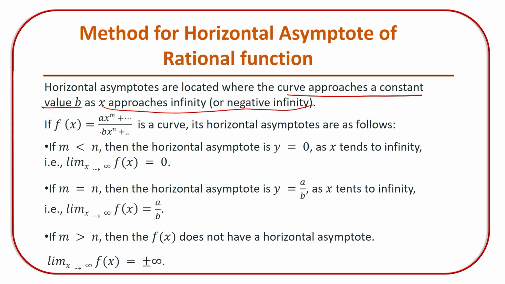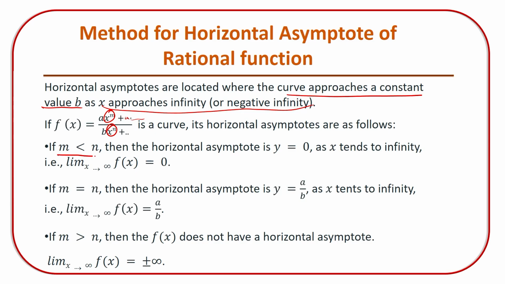So, if f(x) is given as a x to the power m plus a2 of something and so on, divided by b x to the power n, look at the indices here, x to the power m and x to the power n. We are going to compare them first, and then derive our required result in a simpler form.